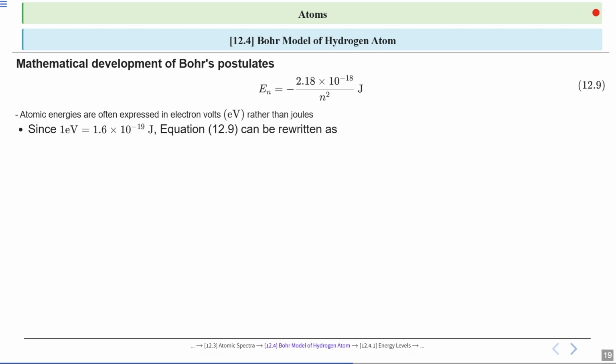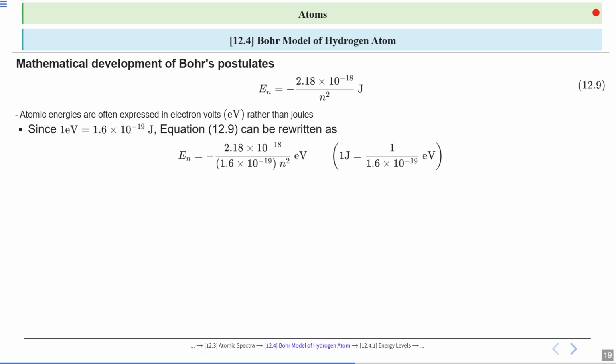Since 1 electron volt equals 1.6 times 10 to the power minus 19 joule, we can rewrite the energy formula in terms of electron volts. So now substituting the values, the formula becomes En equals minus 2.18 times 10 to the power minus 18 divided by 1.6 times 10 to the power minus 19 n square electron volts.